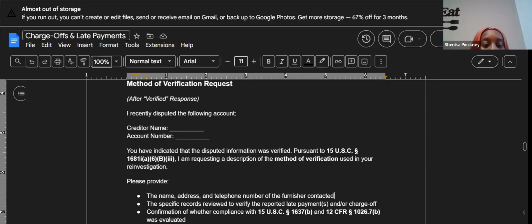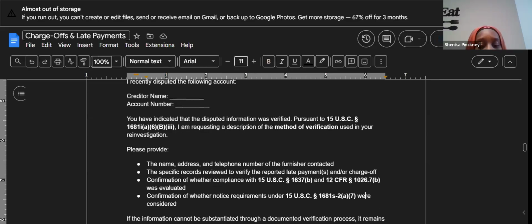So it just says, I recently disputed the following account, creditor name, the account number. You have indicated that the disputed information was verified pursuant to 15 USC 1681i(a)(6)(B)(iii). I am requesting a description of the method of verification used in your investigation.